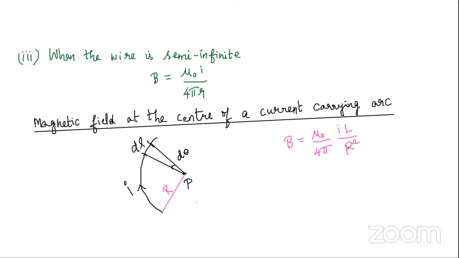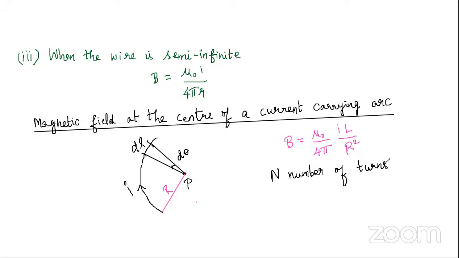For all the equations for finding the magnetic field, when the wire or coil, whatever it may be, has N number of turns, you have to multiply the field by N. Let me consider that this current carrying arc has N number of turns.